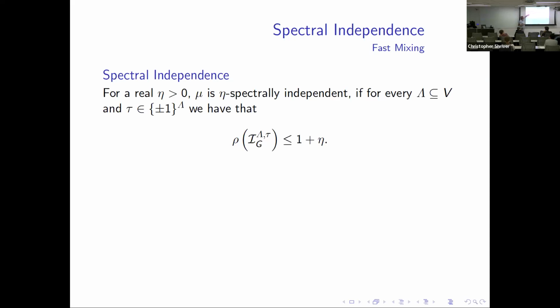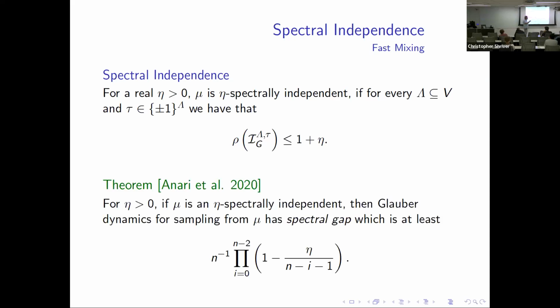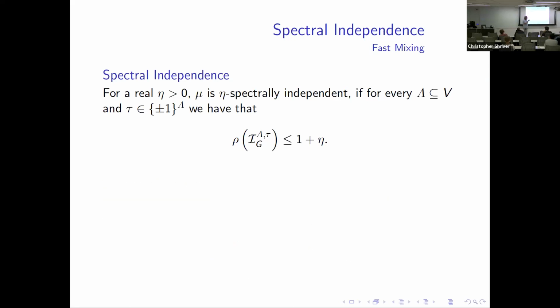For some real number eta, we say that the Gibbs distribution mu is eta-spectrally independent if for any choice of lambda and configuration tau at lambda, the spectral radius of the corresponding influence matrix I sub G of lambda, tau is at most 1 plus eta.